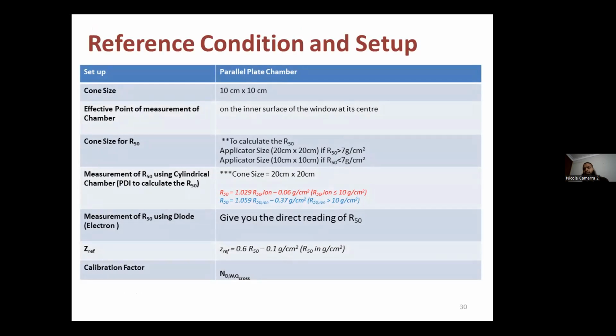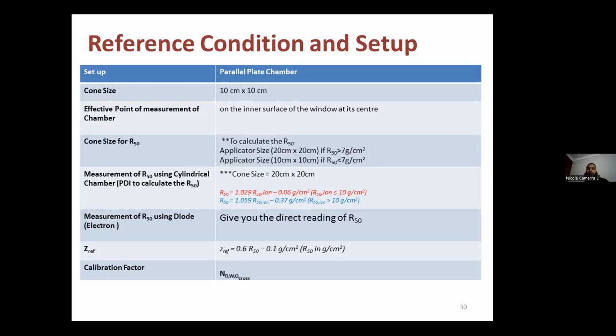But 10 by 10, normally we use it because our chamber is calibrated at 10 by 10 field size from the PSDL or SSDL lab. So if you use a bigger field size, there is an issue with the so-called stem effect of the chamber, because the exposure of the chamber is more than what you intended if you increase the field size, and your wire will be more in the field.